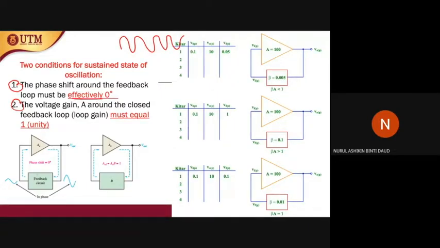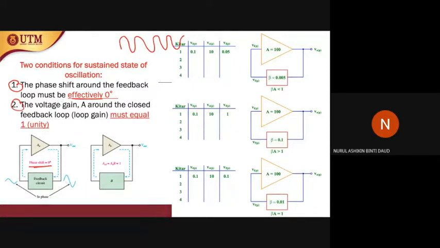So there is no phase shift between the feedback at the output and the feedback that goes into the input. The phase of the waveform is exactly zero phase shift, so the input and the output are the same.